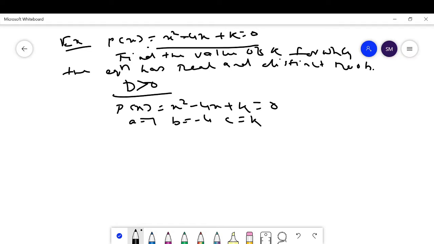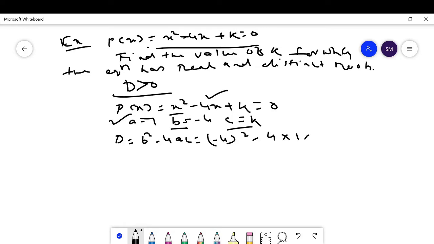A is the coefficient of x square, b the coefficient of x and c the constant. Then here D is equal to b square minus 4ac, which is minus 4 square minus 4 into 1 into k.